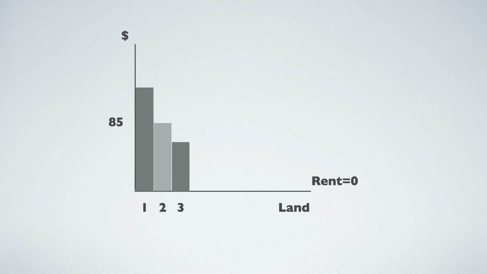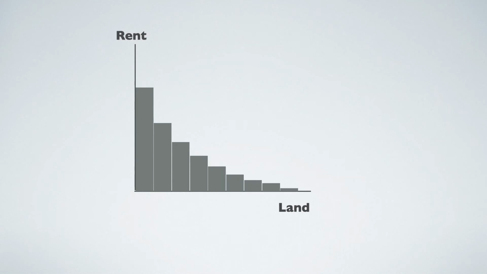Likewise, the whole 85 is land 2's rent, etc. Ricardo's rent theory actually describes the demand for land. This comprehensive Ricardo's rent theory will disprove consumer surplus and the traditional monopoly model.